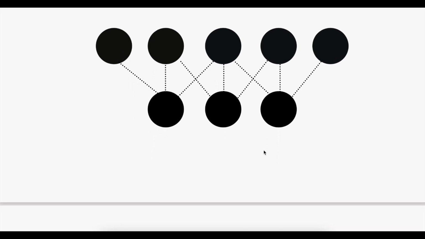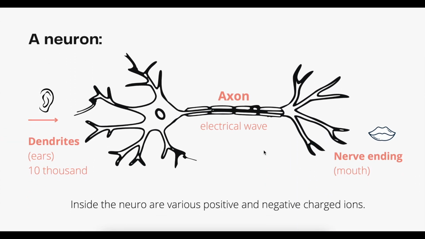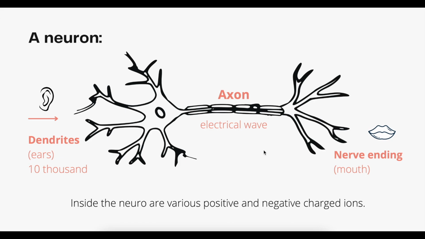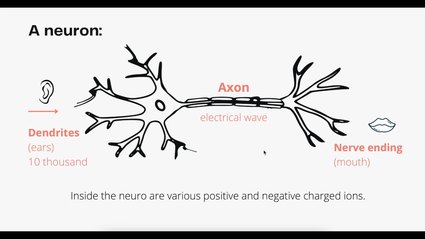Okay, so let's check out a neuron. Yeah, this is a neuron. You have more than 100 billion neurons in your brain. As you see, this is a neuron with dendrites, the axon, and the nerve endings.